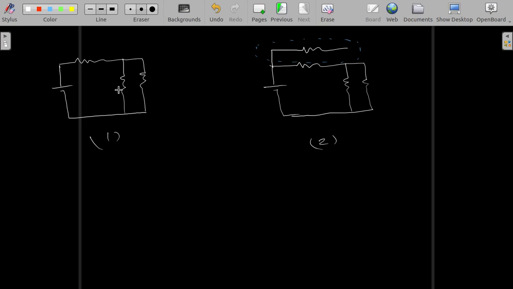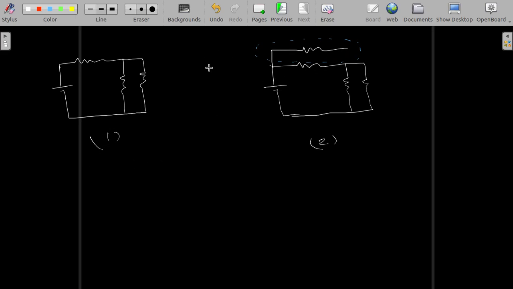If you are not taking any other extraordinary condition, by default we are assuming that current is flowing through all the paths. But here currents are not passing through all the paths. Here current won't pass because this is not closed, right?